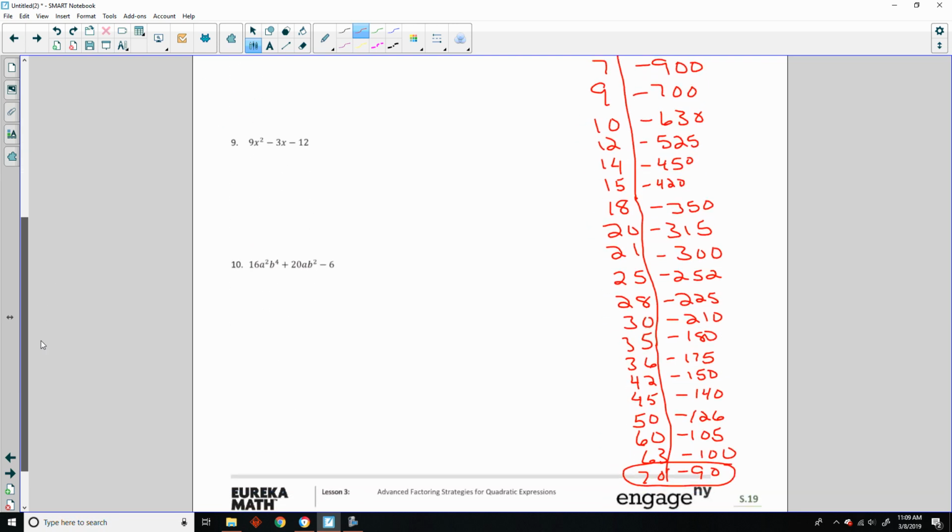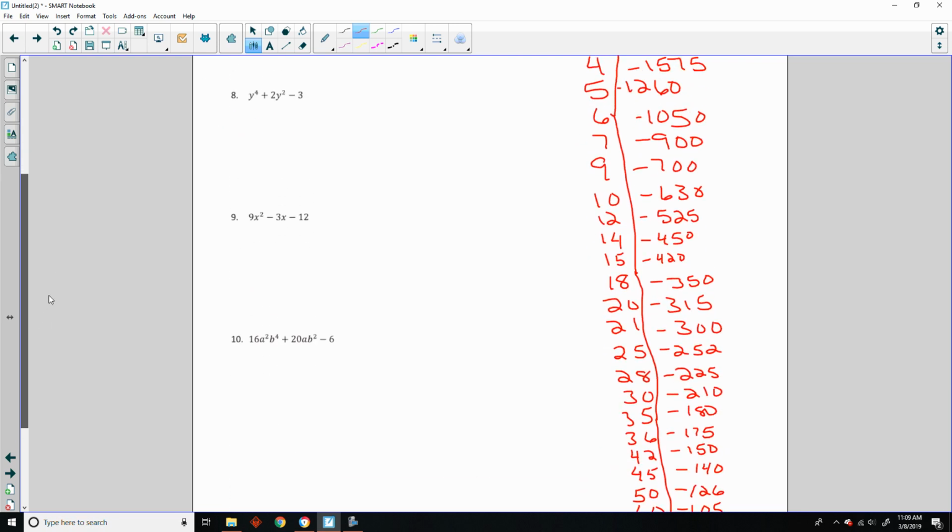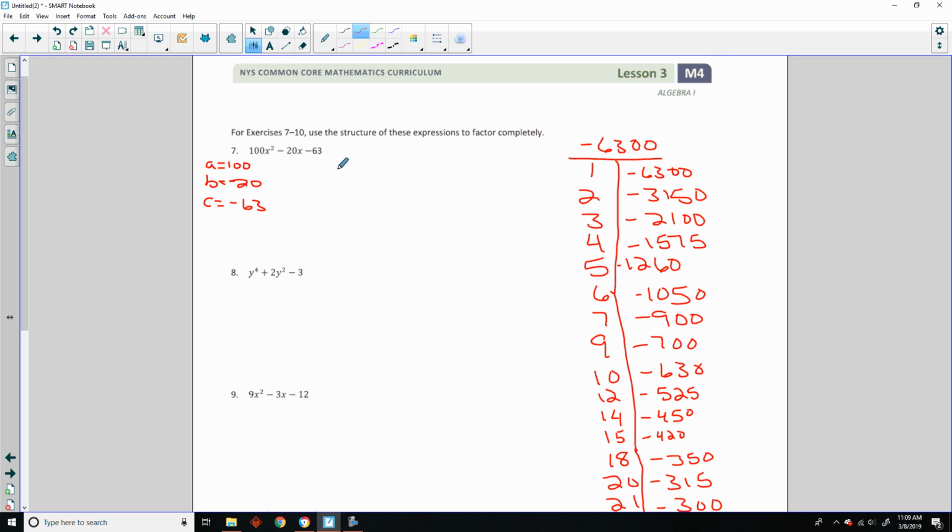So it took me quite a while, and I'll show you another way if our numbers are too large to deal with. So it's x plus 70, x minus 90, and I divided by 100, divided by 100.